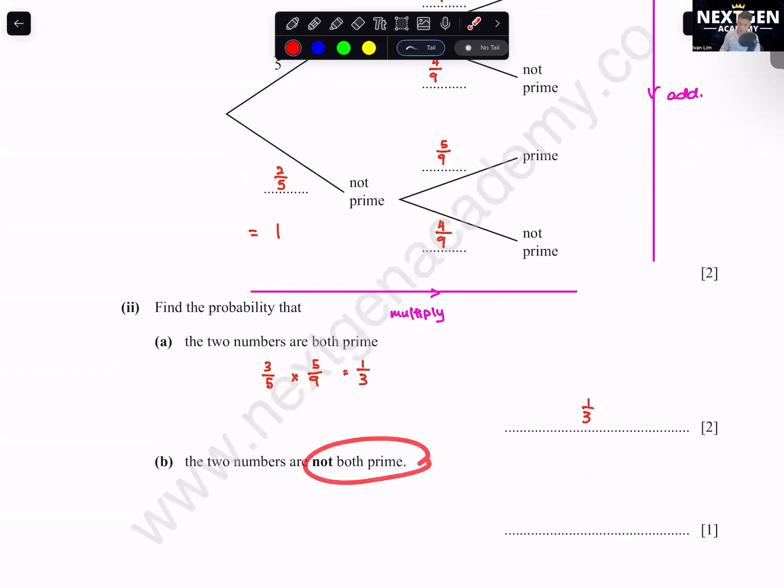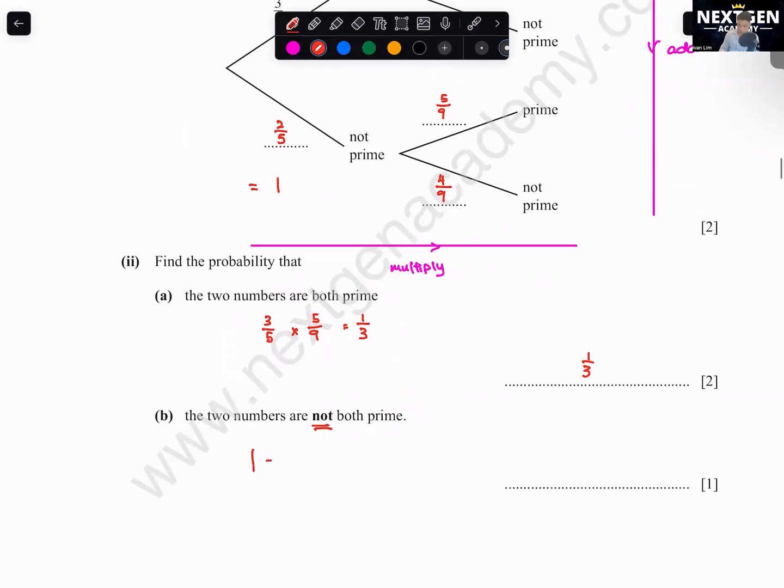Not both prime means this one is both prime. So what you can do, and why they highlight this also, not means you just take 1 minus that particular event. Okay, so you 1 minus both prime, which is 1 over 3 in the previous question. So here will be 2 over 3.